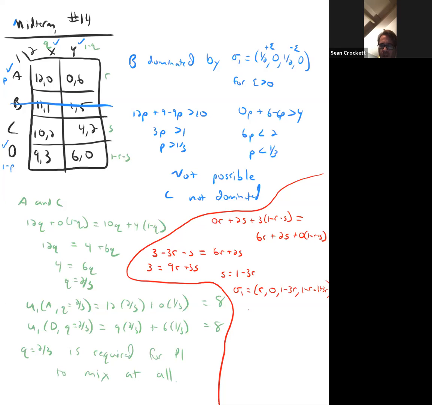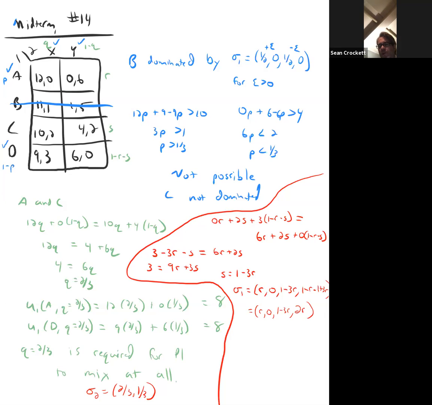And so in that last part, we can simplify. 1 minus 1 is 0. Negative R plus 3R is 2R. Okay, so that's the mixed strategy for player 1. For player 2, we already know sigma 2 is equal to 2/3, 1/3.